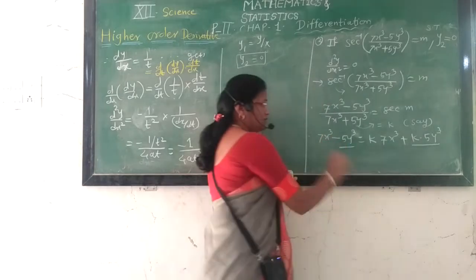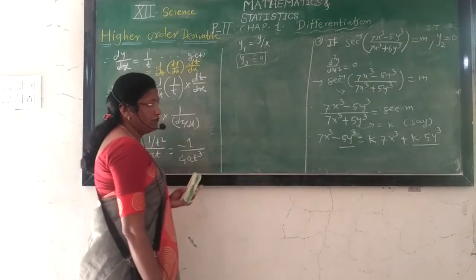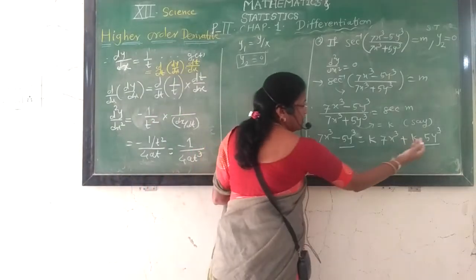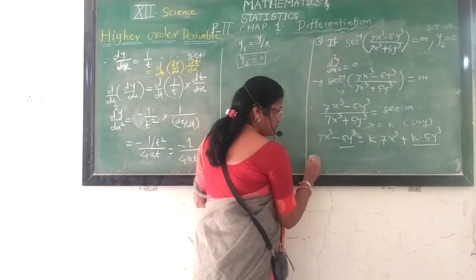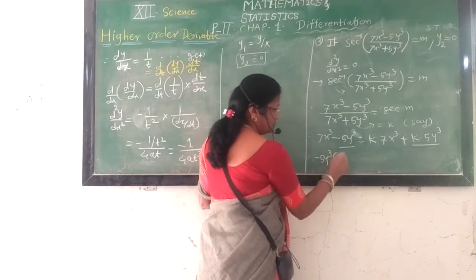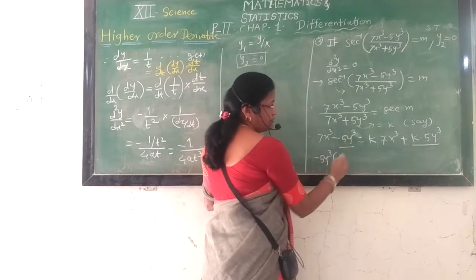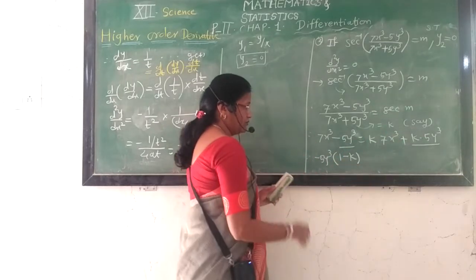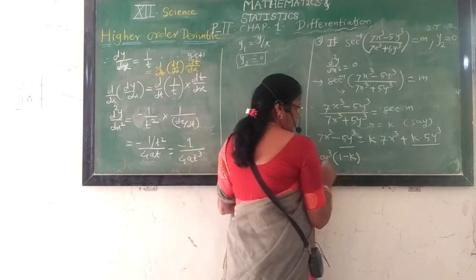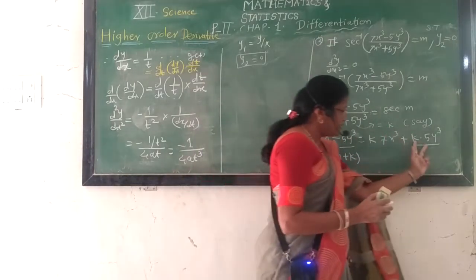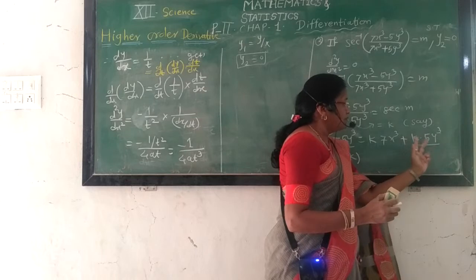Now shift the terms including y to the left side. So we get the simplification: if this term is shifted to the left side, we get minus 5y cube minus k times 5y cube.